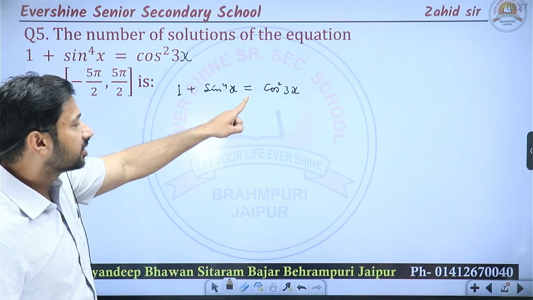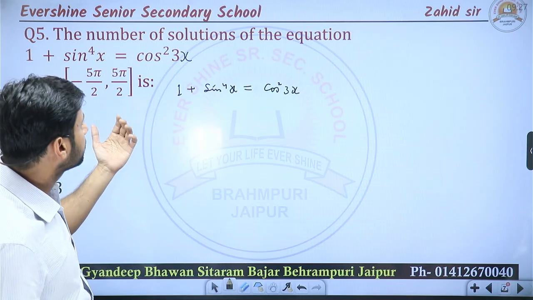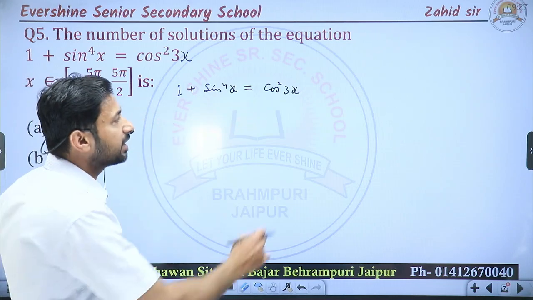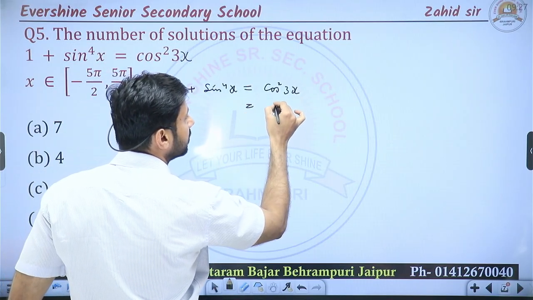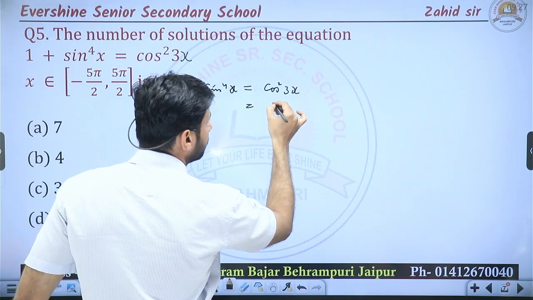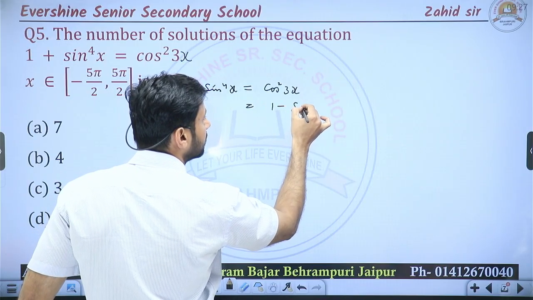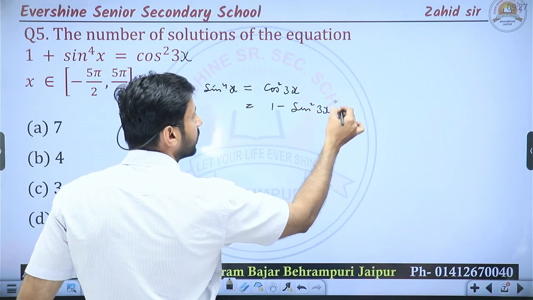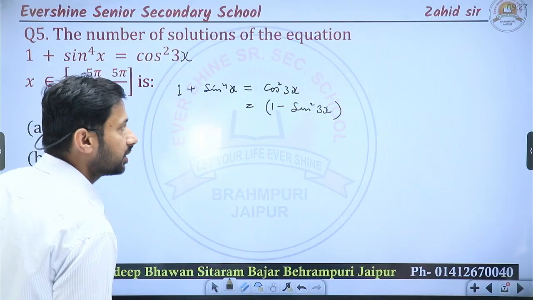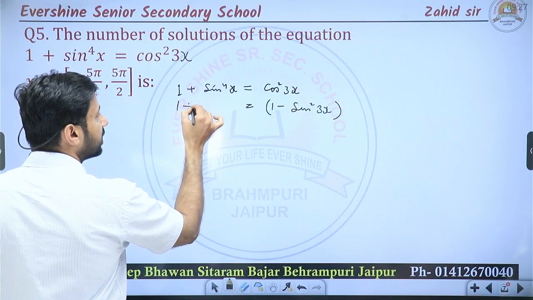Now I can convert this cos in terms of a simple function because it is a multiple of 3. So what can I write here? I can write this as 1 minus sin square 3x, which is equal to cos square 3x. And this will be as it is.